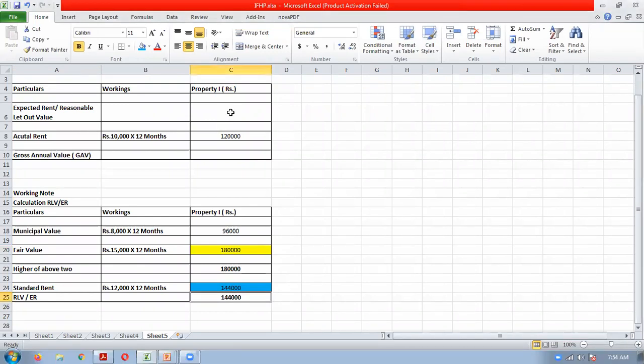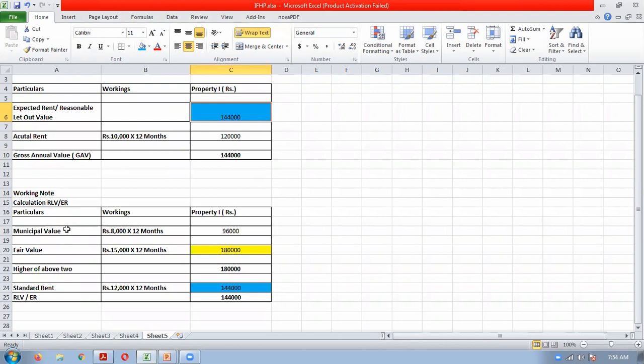Now we will take this RLV in our working. We will compare the RLV with the actual rent, 1,44,000 and 1,20,000, which is the higher one? 1,44,000. So that will become our GAV. So this is how you have to solve the illustration. Listen again once more.